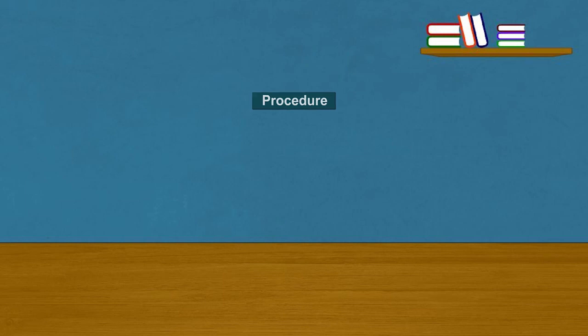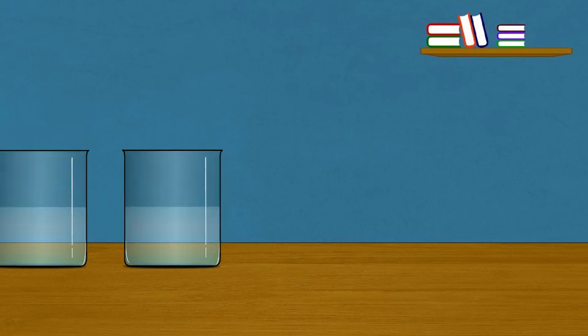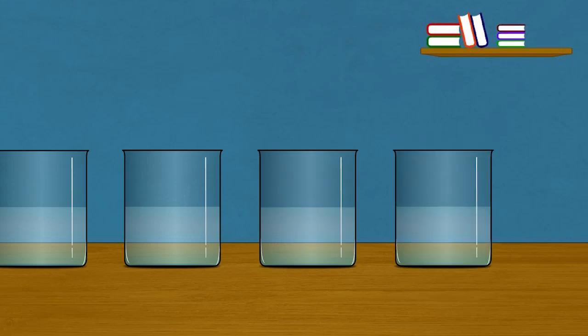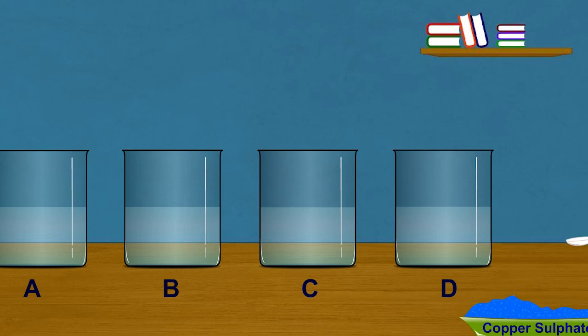Procedure: divide the class into 4 groups A, B, C and D. Group A takes a beaker containing 50 ml of water and 1 spatula full of copper sulfate powder.